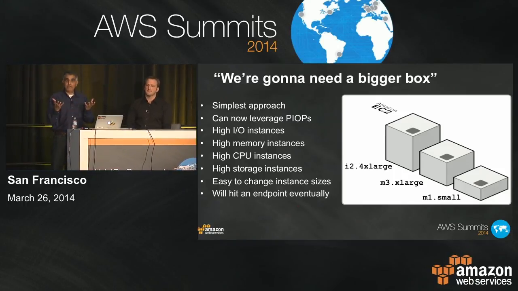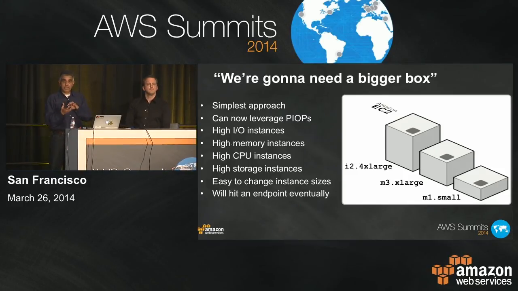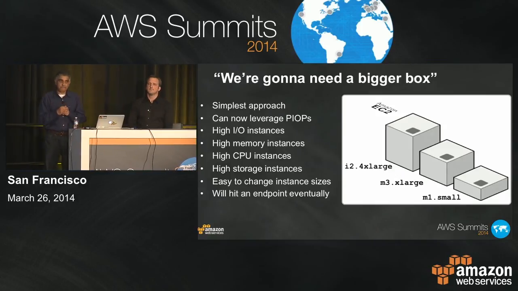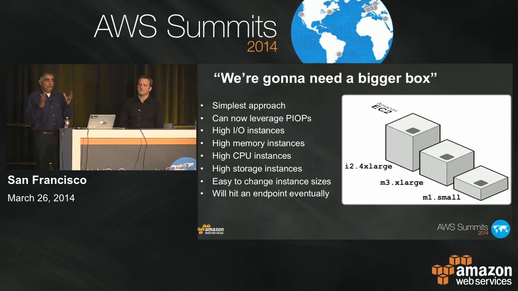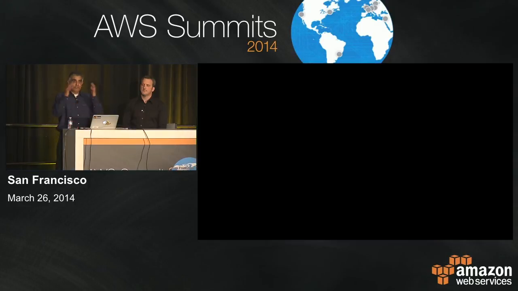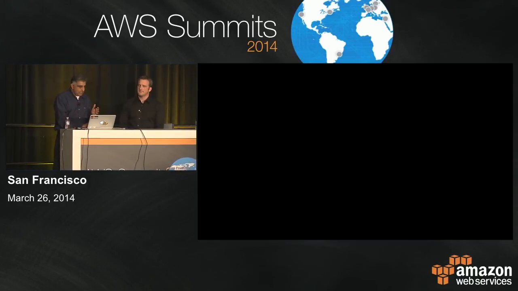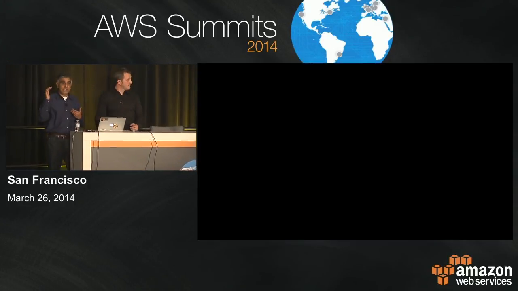This allows different workloads with different characteristics to use the particular EC2 instance that you want, okay? But at some point, you may choose the biggest instance, and eventually you will hit a ceiling.